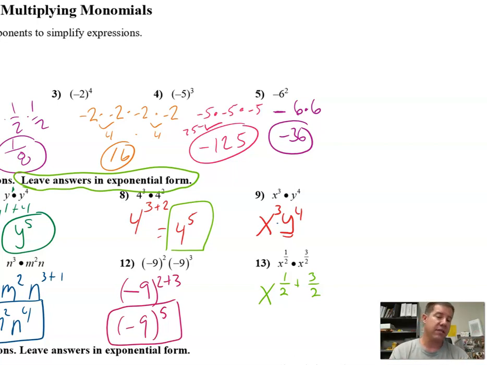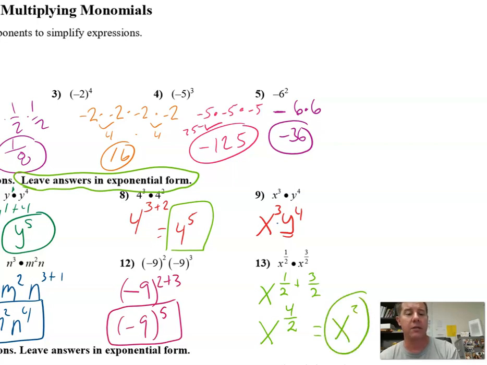However, it's not that big of a deal. Okay? When you add fractions, just keep in mind you have to have a common denominator. Yay! In this case, we already have a common denominator of 2. And so when you add fractions, the denominator stays the same, and I just add the tops. 1 plus 3 gives me 4. And then now 4 divided by 2, hey, I can do that. 4 divided by 2 is 2. So I just get x squared.